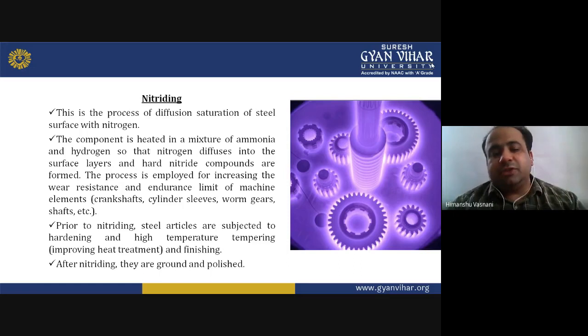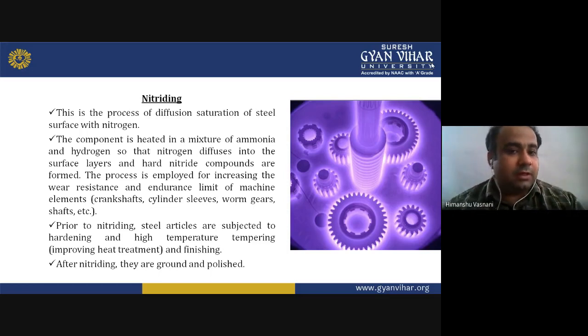The component is heated in a mixture of ammonia and hydrogen so that nitrogen diffuses into the surface layers of the workpiece, and hard nitride compounds are formed. The process is employed for increasing the wear resistance.